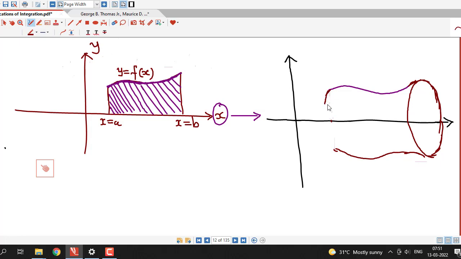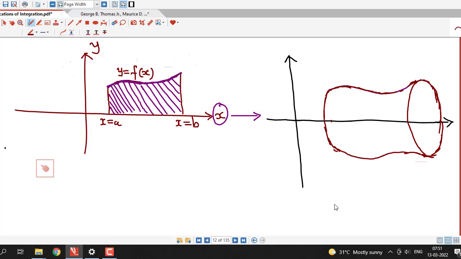X-axis is called the axis of rotation. I am sketching in two-dimensional plane, but we can imagine that the solid which we will generate by revolving this plane region will look like this.